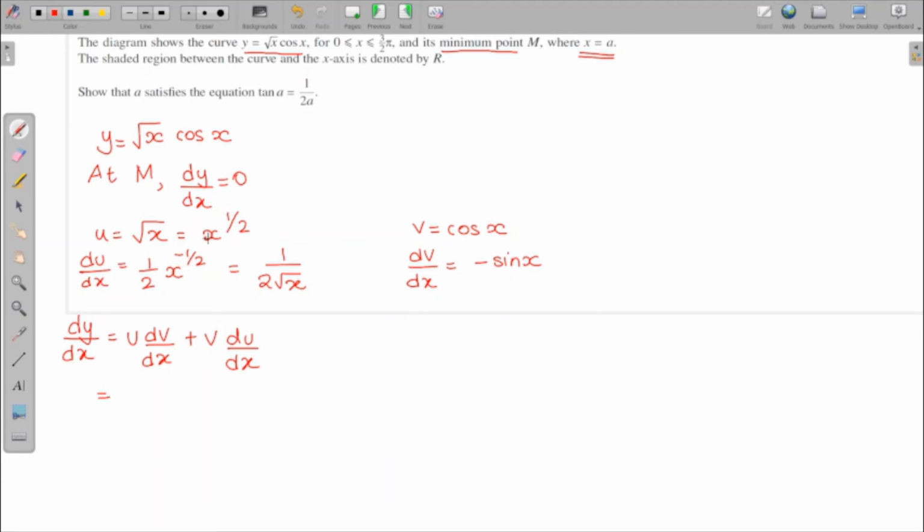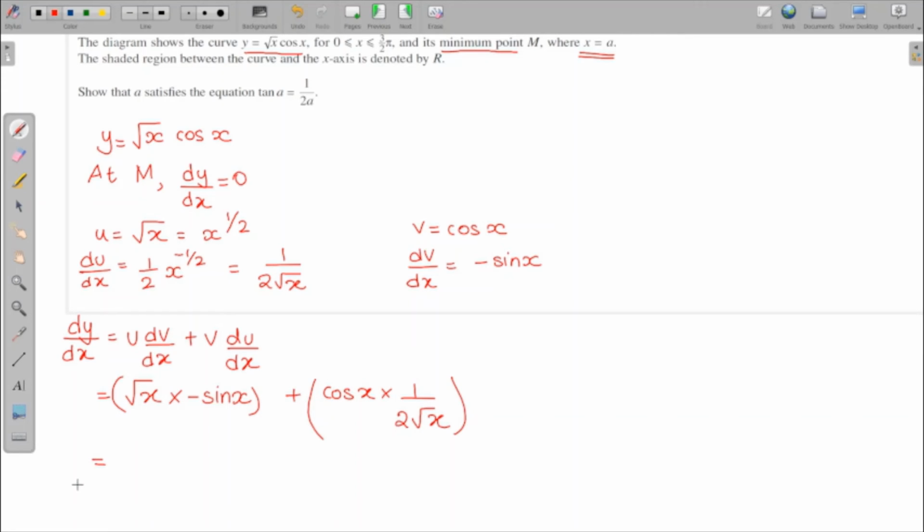So u is root x into dv by dx, that is minus sin x, plus v, that is cos x, into du by dx, that is 1 by 2 root x. Okay, so this is the expression that we can get.